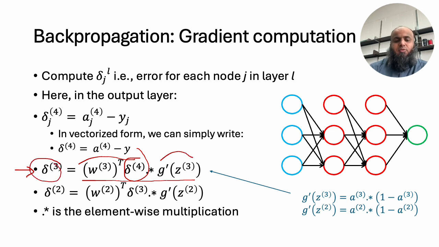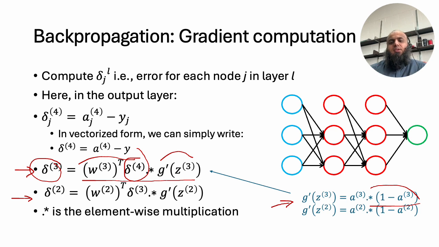And similarly for layer number 2, we can show that delta 2s can be computed in a similar way. And this term, the derivative of the activation function g prime z, can be computed by using this equation: g prime 3 equals the activation values in layer number 3, so a3, with an element wise multiplication done with 1 minus a3.